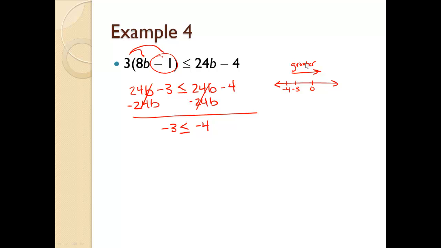Less than goes to the left. Okay, since we're saying -3 is less than -4, that would mean that here we are at -3, and -4 should be this way, but it's not. So that's not a true statement. So again, this is another one of those where there's no solution. Okay?